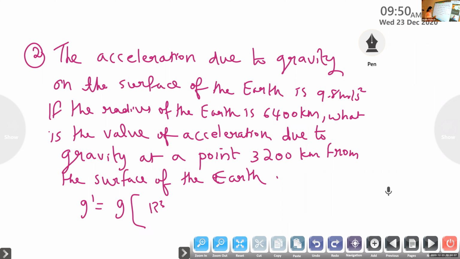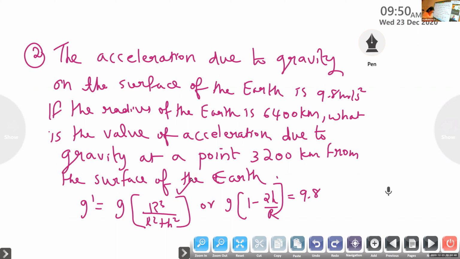Whichever is easy for you, you can use. I'm using the first one because we can get the whole number.